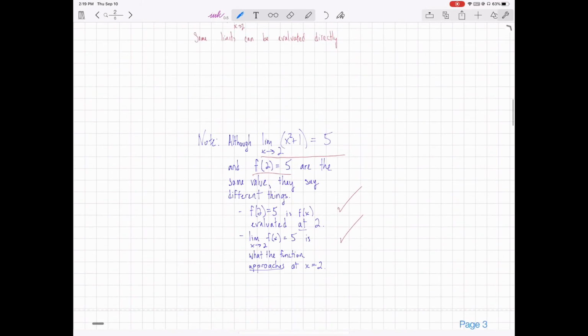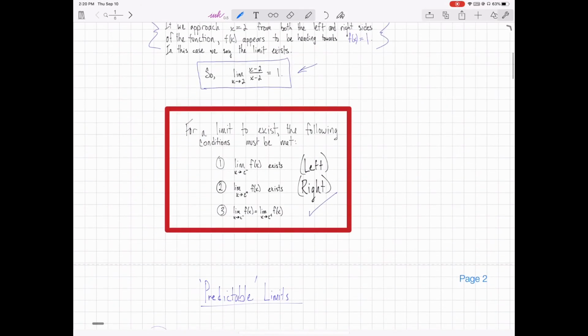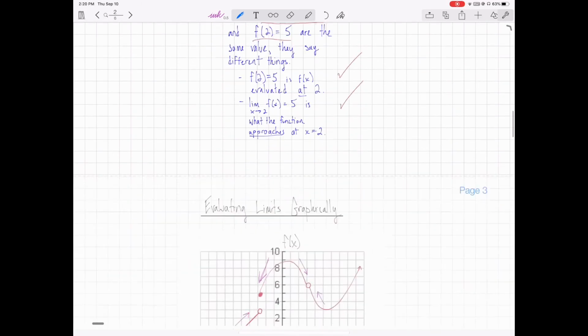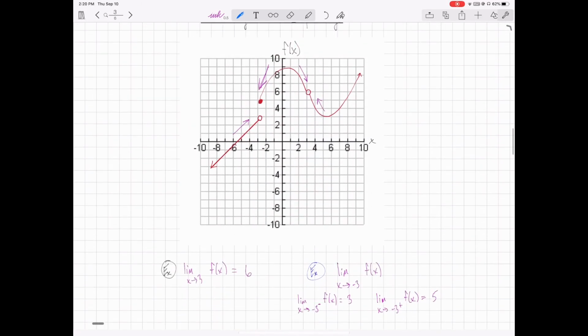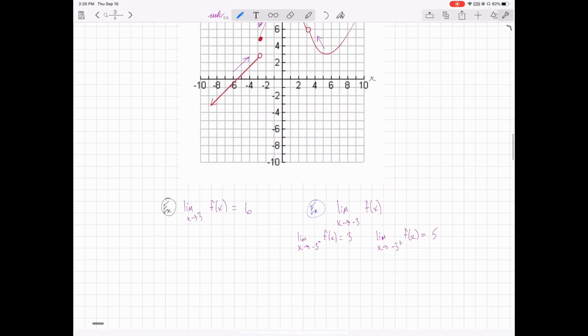So if you go back to this box statement here, it says for the limit to exist, the following conditions must be met. The left has to exist, the right has to exist, and they have to be the same number. So if we go down here, look at that again, the left hand and the right hand, they do appear to be heading towards these values, so those limits exist, but since they're not the same, the overall limit, if I write this here, this is a does not exist.